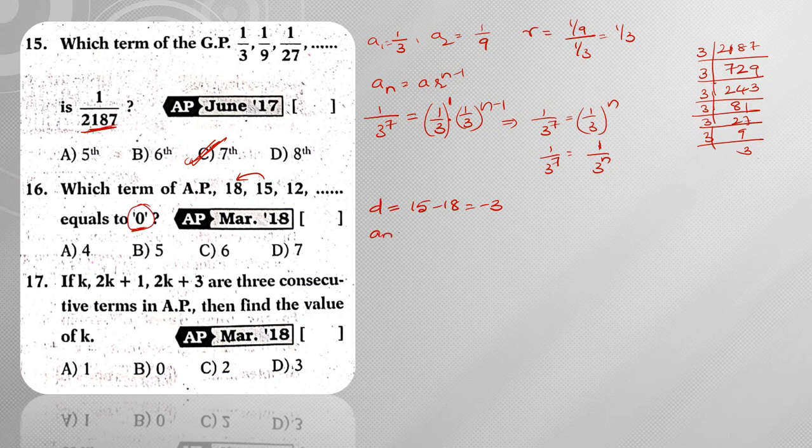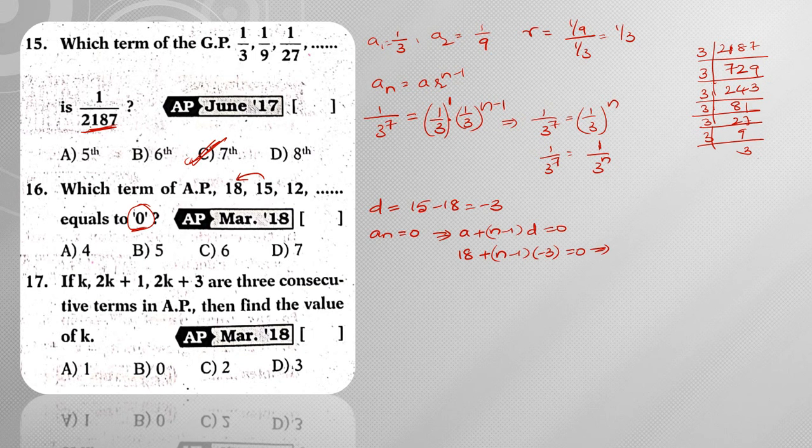So suppose I consider AN is equal to 0, then what am I going to get? A plus n minus 1 into D is equal to 0. Now substitute the values. A is 18 plus n minus 1 into D, which is minus 3, is equal to 0.